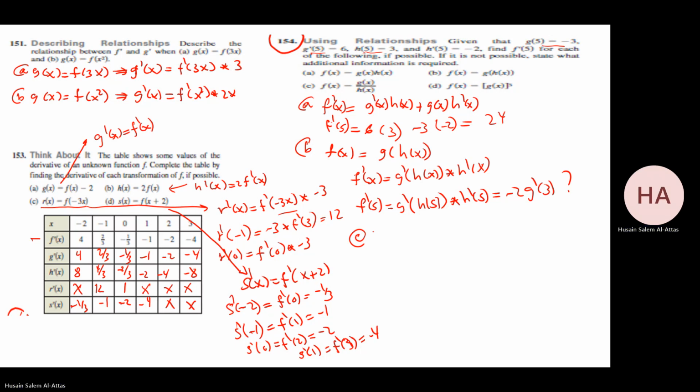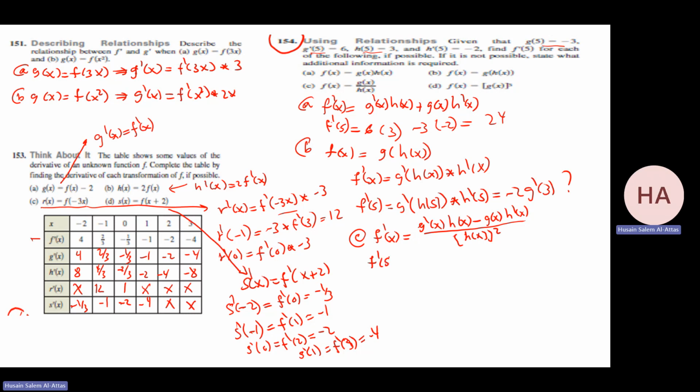C, f prime at x, by the quotient rule, will be g prime at x times h of x, minus g of x times h prime at x, over h of x squared.